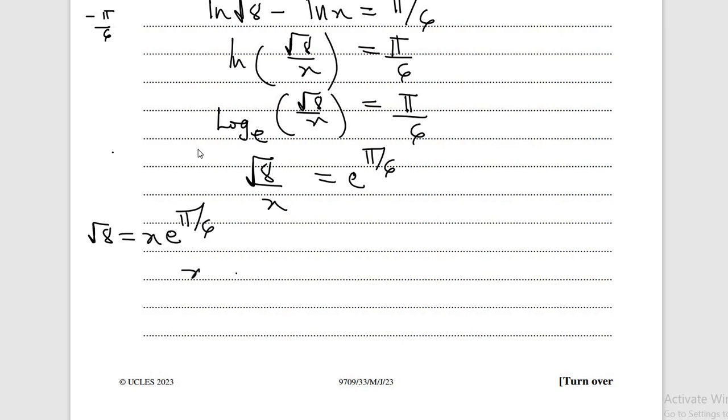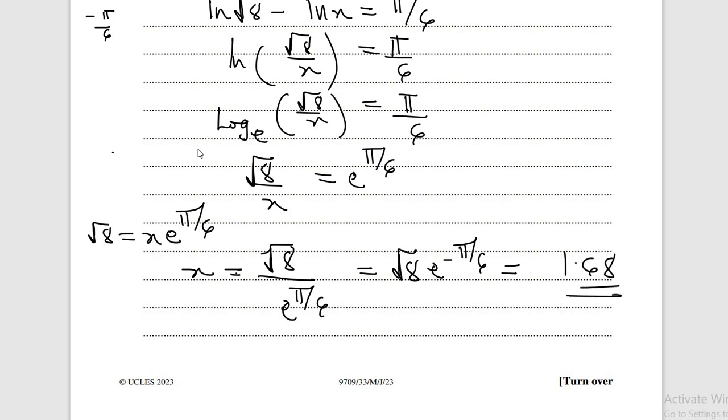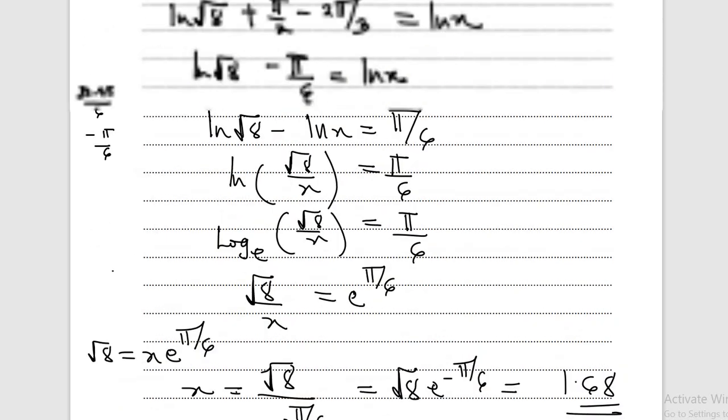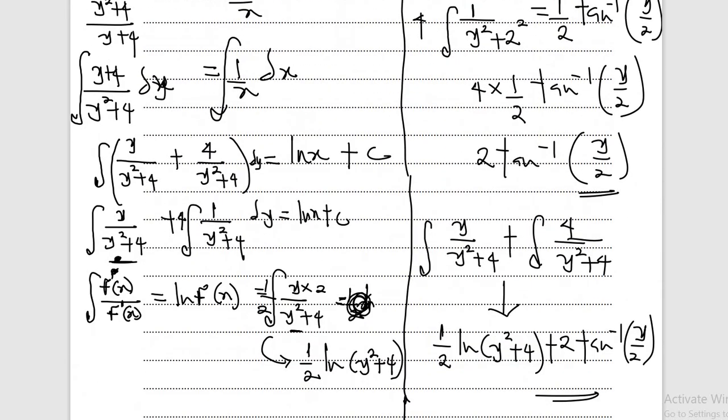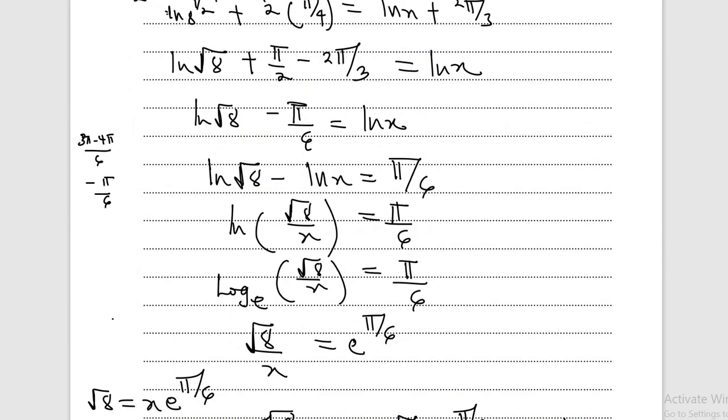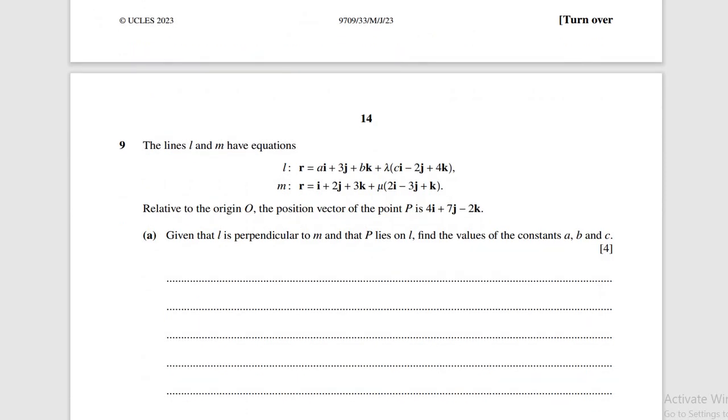Make x the subject of the formula. X is root 8 over e raised to pi over 6. So punch this in your calculator, or use the law of indices, which will give us 1.68. That's the value of x. I believe it's clear. Questions are welcome in the comment section.